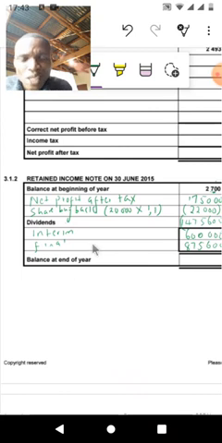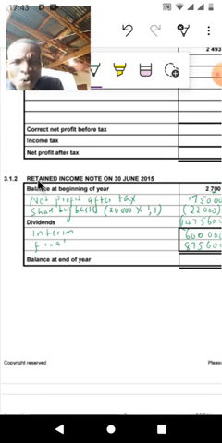Now, I want to say something about this retained income. Guys, when we prepare things in accounting, when we prepare notes, in this case we are preparing the note of retained income, we have to know what a retained income is. Don't just prepare things that you don't know.